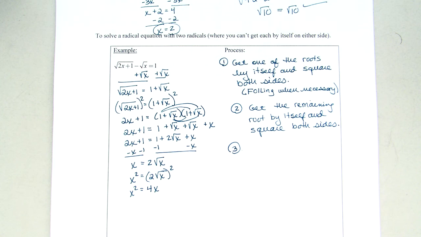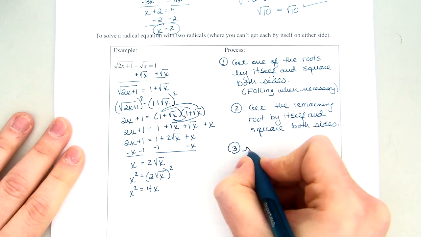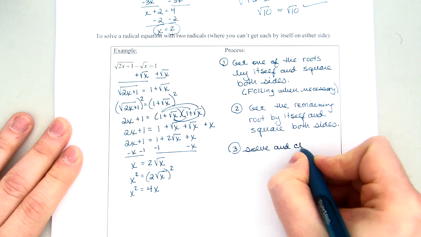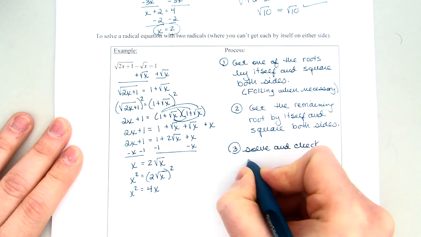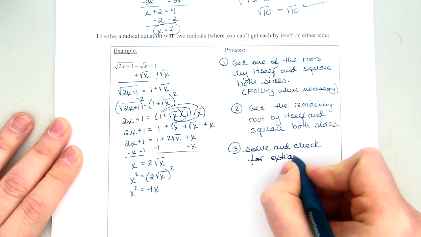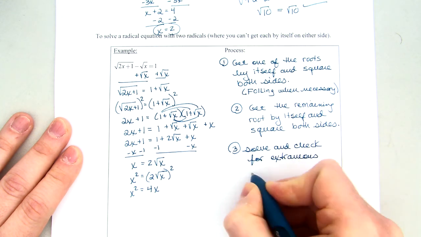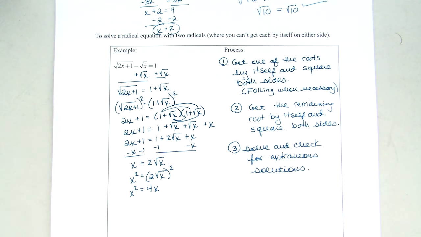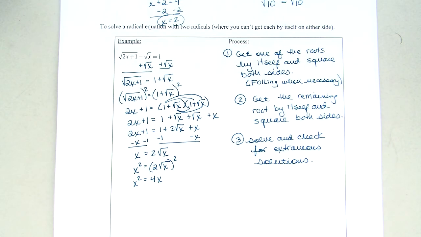To finish this off, I'm going to solve and check for extraneous solutions. And because it's a quadratic equation, I think that means make it equal 0.